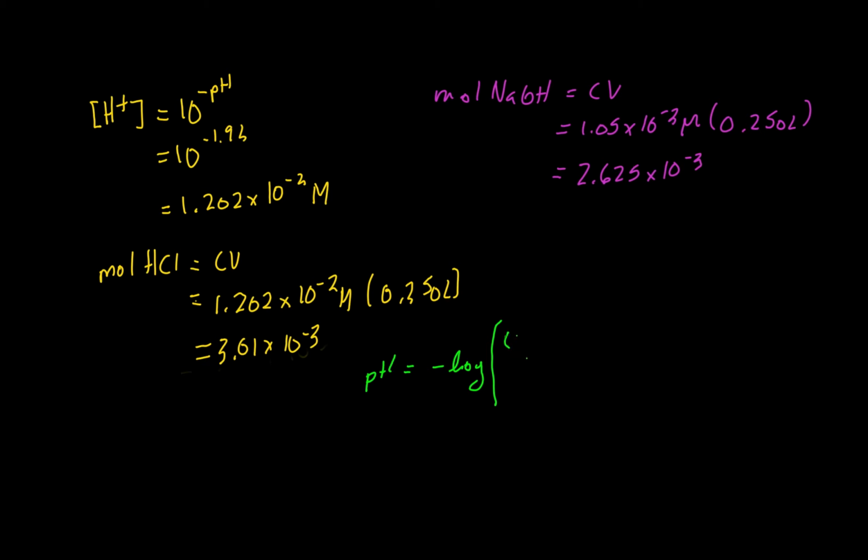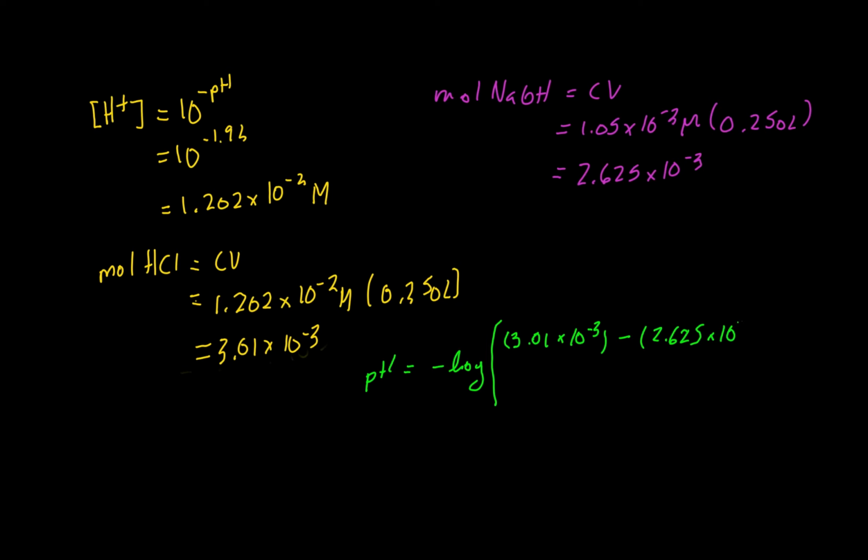So we have 3.01 times 10 to the negative 3. That's the acid, and we're going to subtract from that 2.625 times 10 to the negative 3.